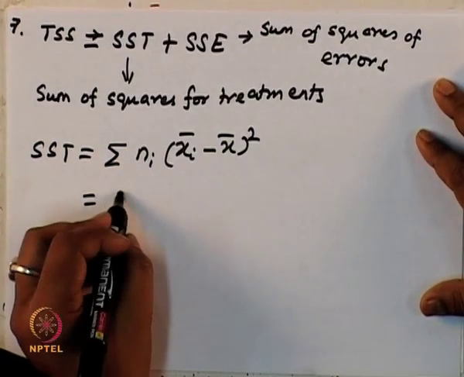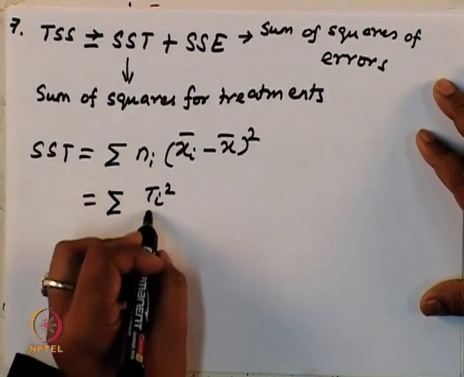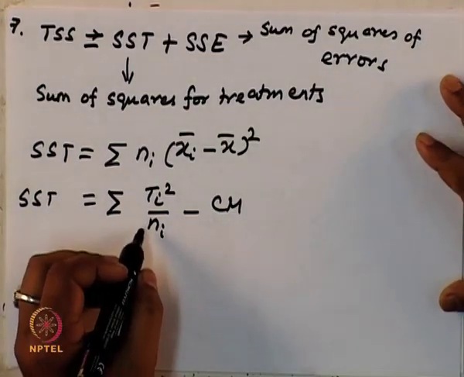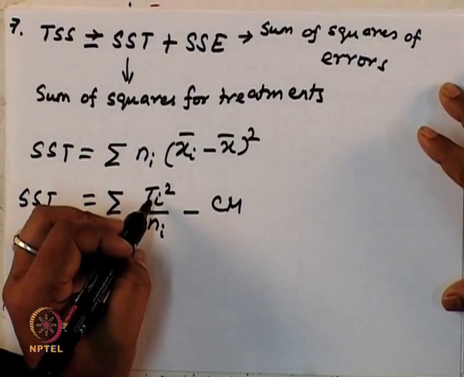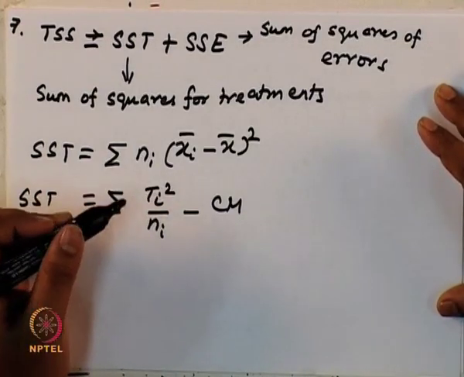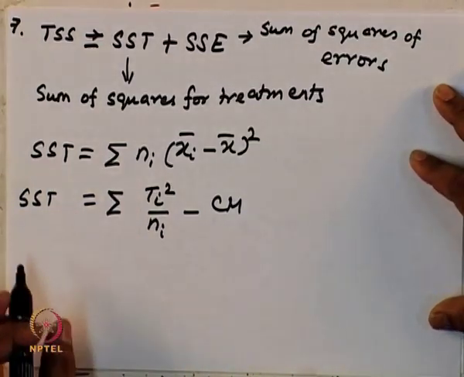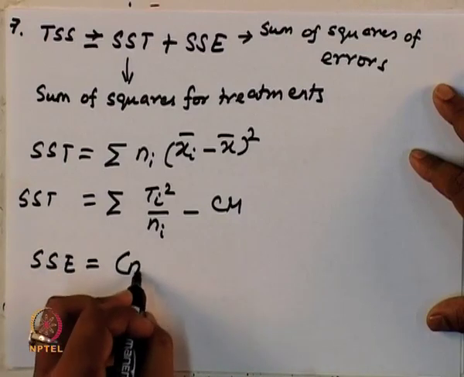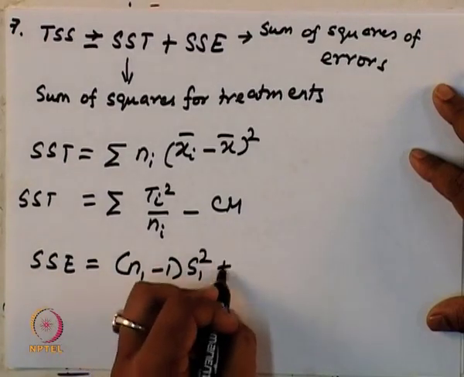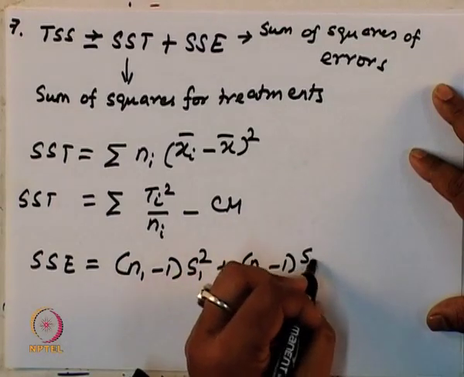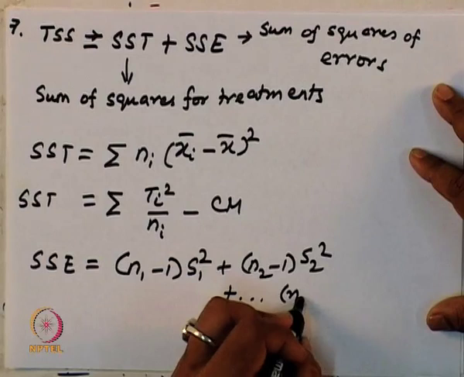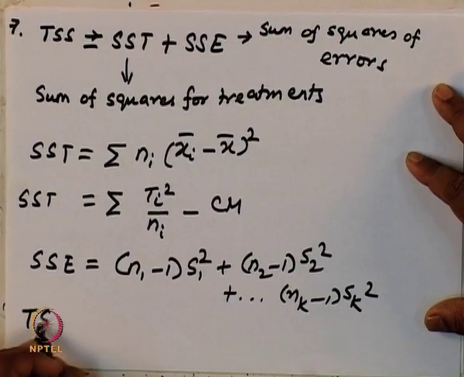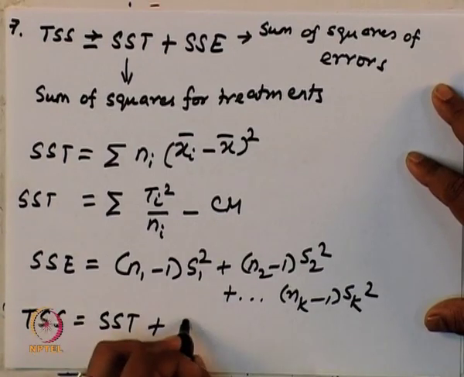This you can again expand and show that SST is the same as the summation of Ti square by ni, where Ti is the total sum of the ith sample. And SSE is given by the remaining part. So, you can show that TSS is equal to SST plus SSE.